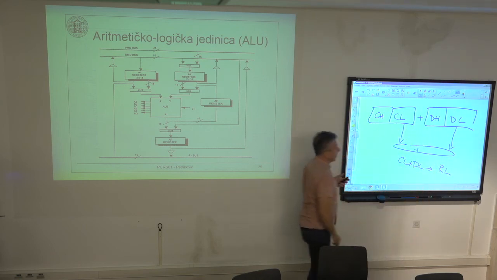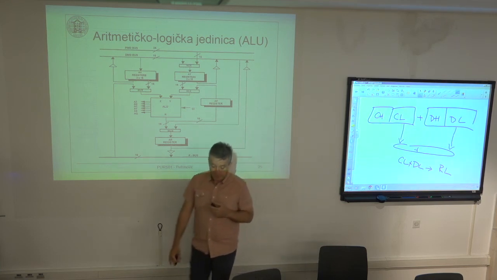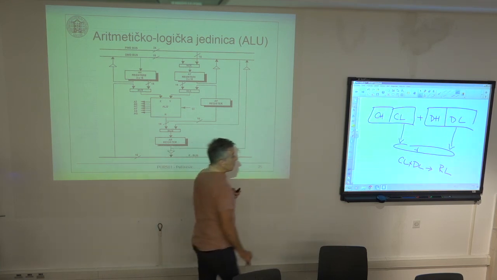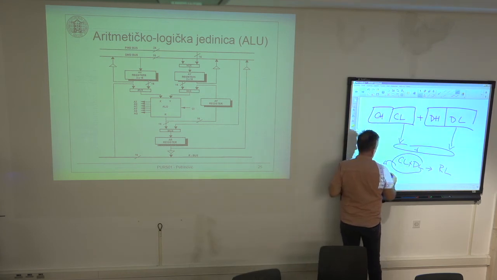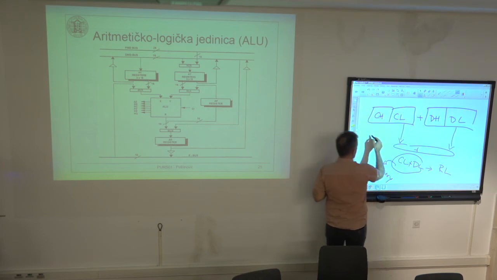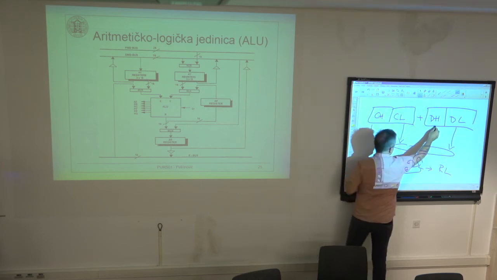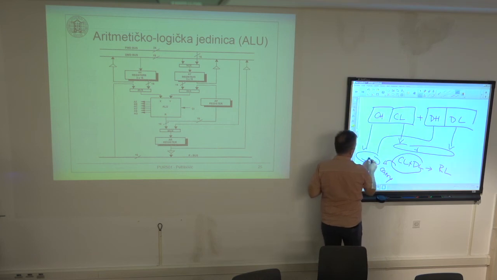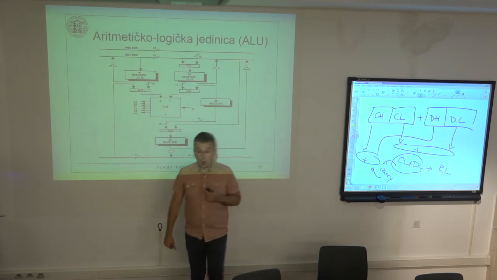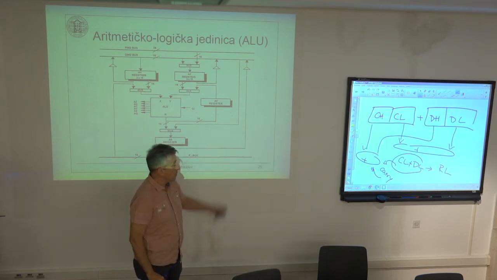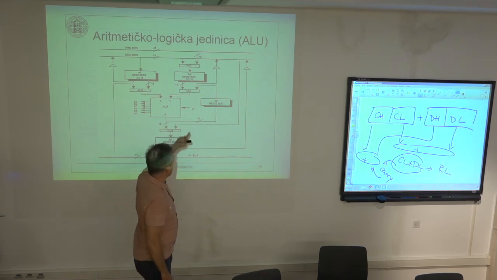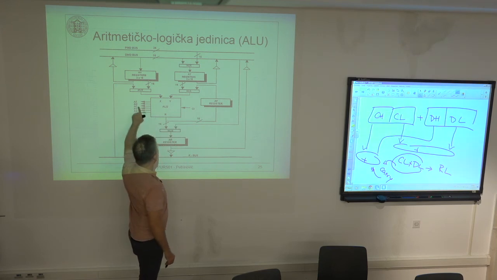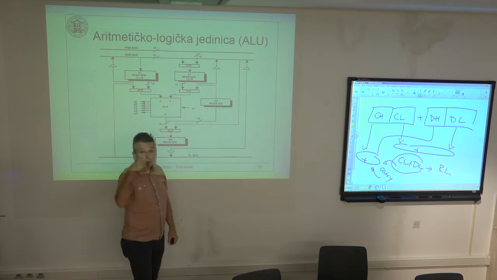Result low is lower word C plus lower word D. But this might generate a carry. And if I have this carry, I use it when adding up CH and DH. So when I add these up, I also use the carry from the addition of the lower two words. So this next instruction would also add the carry from the previous instruction. And this carry is fed from the carry out, AC, as a carry in into the next instruction.